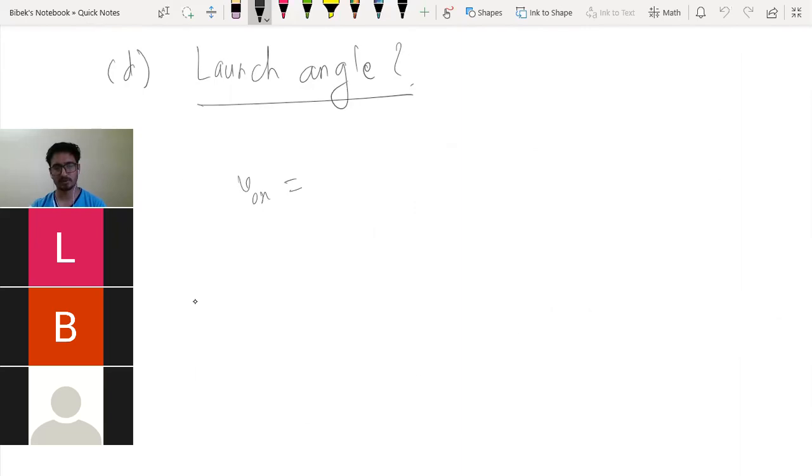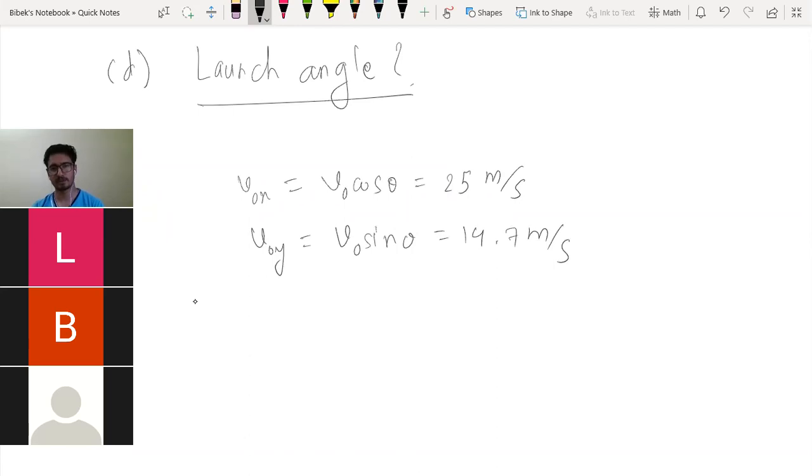So your x component is v naught cosine theta, that's 25 meters per second, and your y component is v naught sine theta. Oh, sorry, I think I wrote it wrong. This one has to be 25, and this one has to be 14.7 meters per second. Now if you divide these two, let me call them 1 and 2.